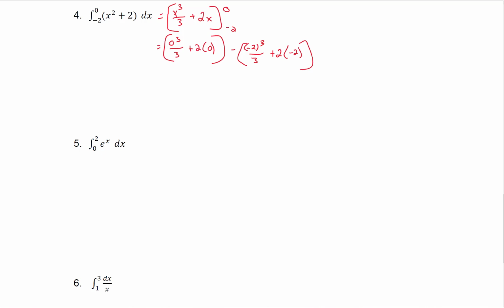So it's important when you're doing this to remember that this negative is going to go through to both of those terms, right? So this becomes 0 to the 3rd over 3 is 0. 2 times 0 is 0. Minus (-2) to the 3rd, which is -8/3, so minus -8/3. And then minus 2 times -2, which is -4. So that negative is going to go through to both terms.